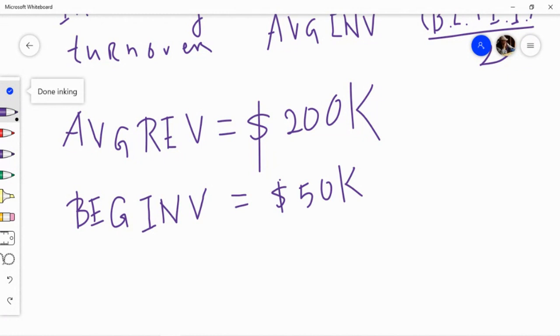So what do you do? You will order. You will need to order something like 150K or more, 150K plus, to meet the sales projection, because it's the average monthly revenue.